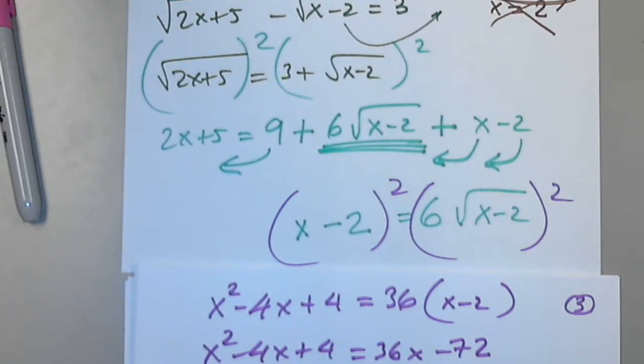I have a negative 4x and I bring a negative 36x, minus 40x. Now I'm adding 72. I have a positive 4 and I'm bringing a positive 72. Very good. We can factor, possibly. Numbers are big. Let's use the quadratic formula.